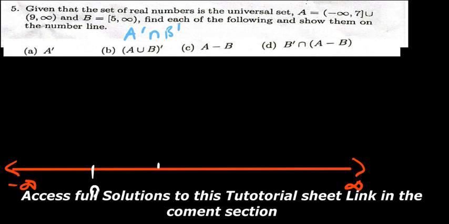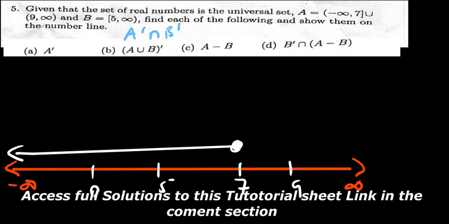I have got 5, 7 and 9. So A is negative infinity to 7, 7 included, that is A. Again 9 not included to positive infinity, that's A.